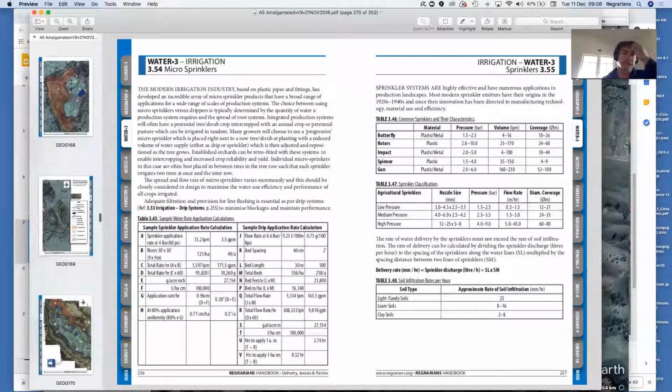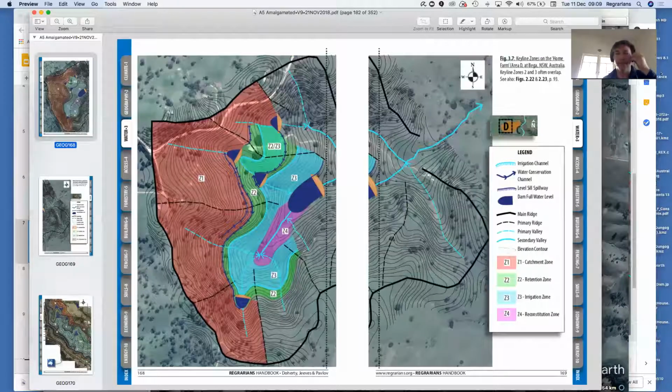So the reconstitution zone is, Thomas, what would it be used for? Well, it would depend on your attitude, I suppose. If we look at when Alan Savory is asked, what is the determinant of the quality of land use?